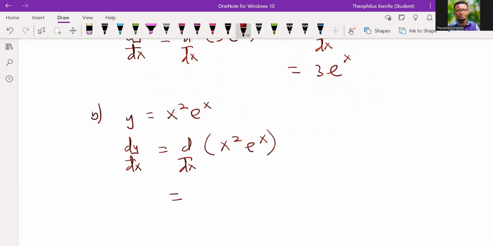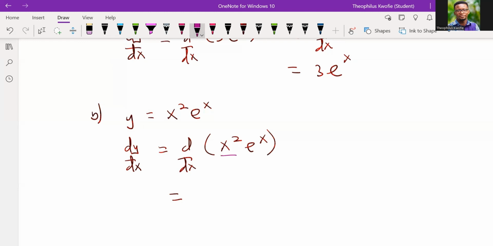Since we have the product of two functions and want to find a derivative, you just have to rely on the theorem that has to do with the product of functions. If you recall, in previous videos we talked about the product rule. So we can cover one of the functions, then we differentiate the other. So I can decide to cover the x^2.